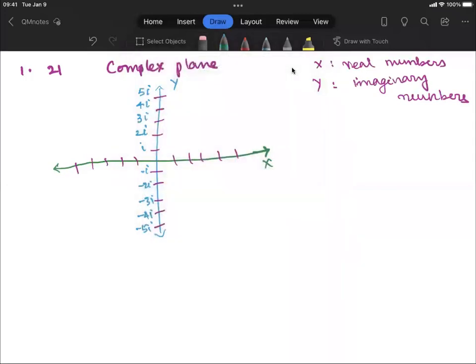And here, 1, 2, 3, 4, 5, 1, 2, 3, 4, 5, and this is actually 0. So this is a complex plane, and the first thing we need to plot is 3, second one is negative i, and part C is negative 2 plus 3i.